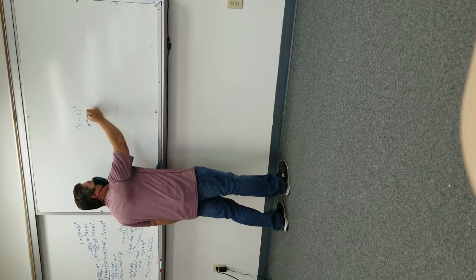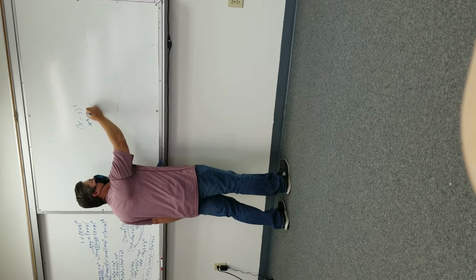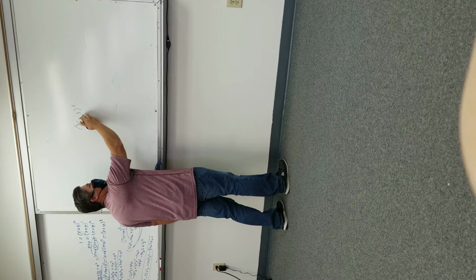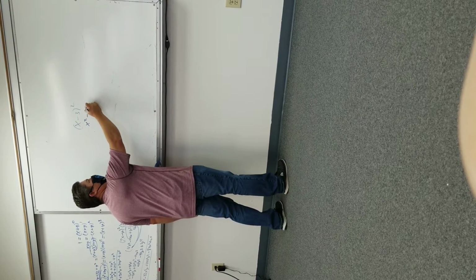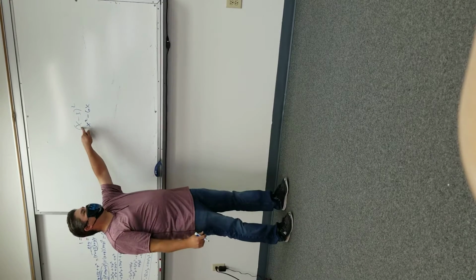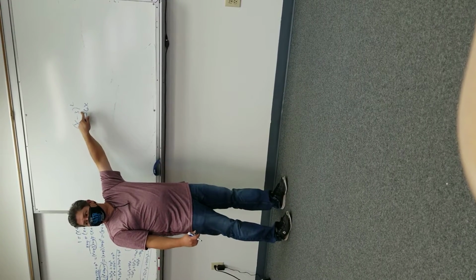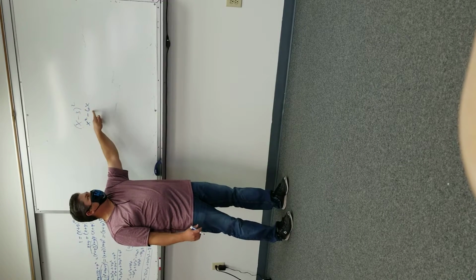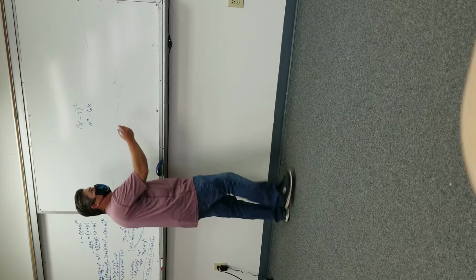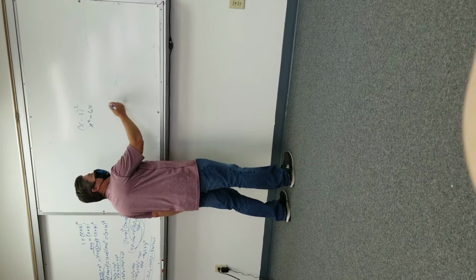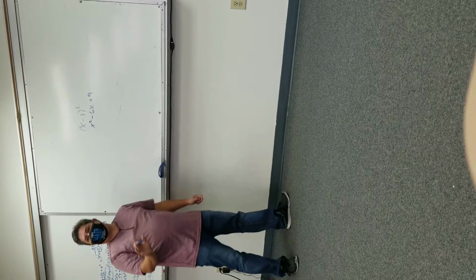Negative or positive 6x? Positive times a negative is a negative 6x, because x times negative 3 is negative 3x, doubled, negative 6x, right? Then the last term is going to be what? Negative 3 squared is? Plus 9. That's what we did yesterday, right?